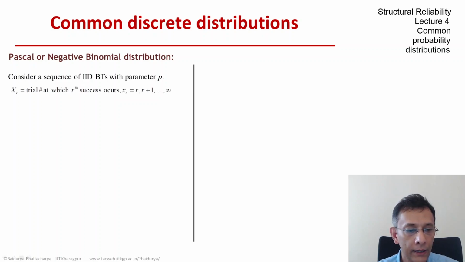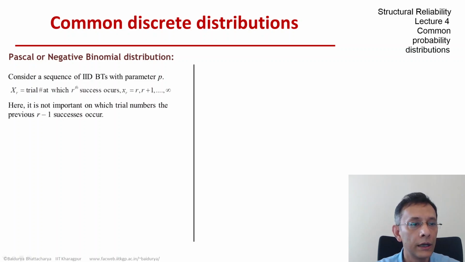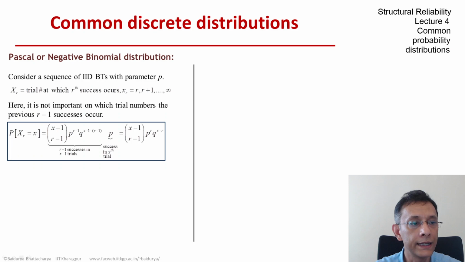And let's see how we can derive its PMF. The thing to remember is that it's not important on which trial numbers the previous r minus 1 successes occur. It is the success number r that we are most interested in.